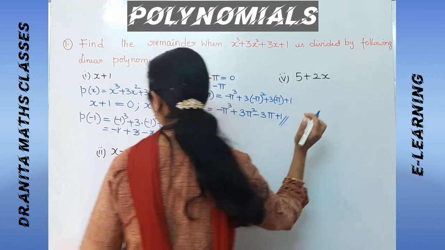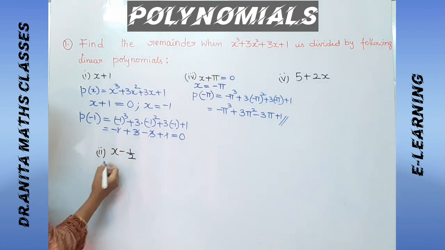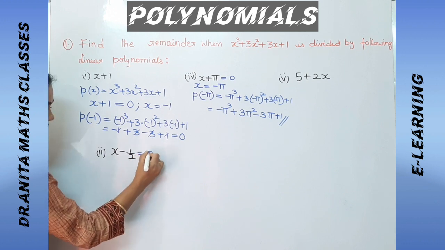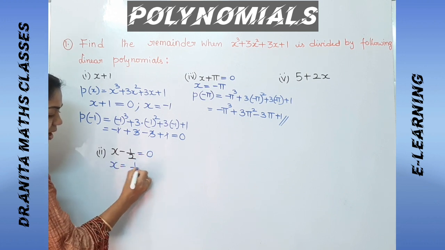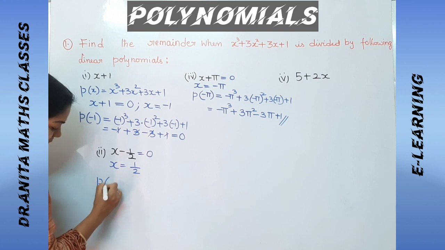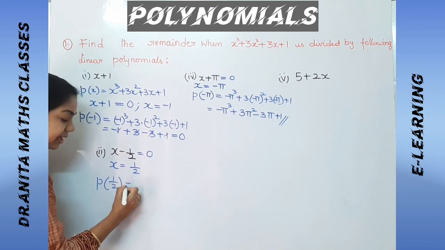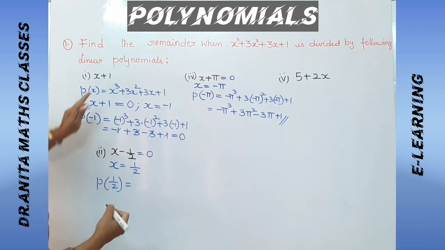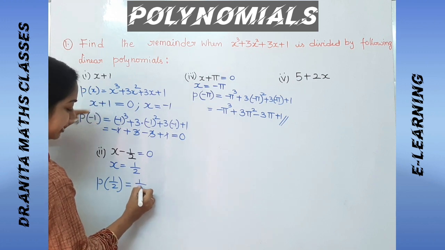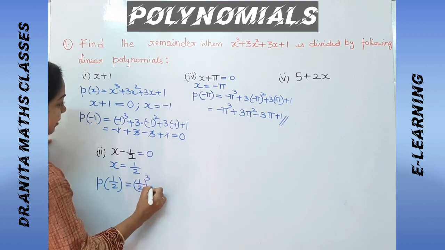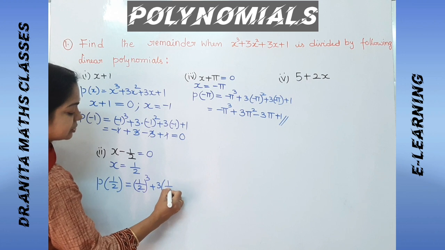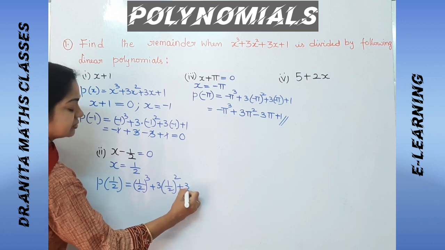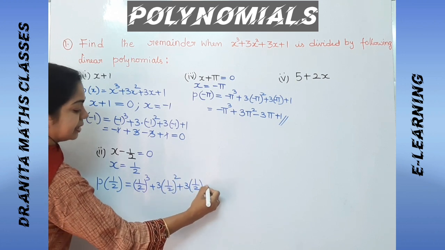Now, coming to the second problem. If you equate this to 0, x is equal to half. Now p of half: in place of x, we need to substitute 1 by 2. So 1 by 2 whole cube plus 3 into 1 by 2 whole square plus 3 into 1 by 2 plus 1.